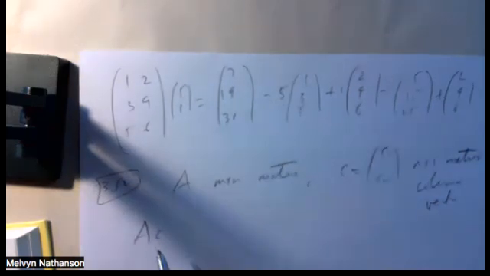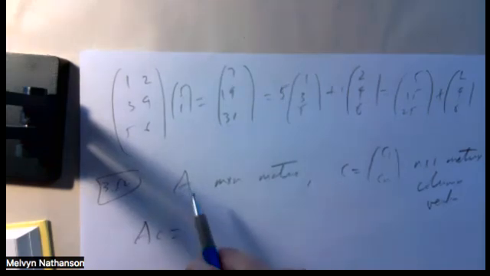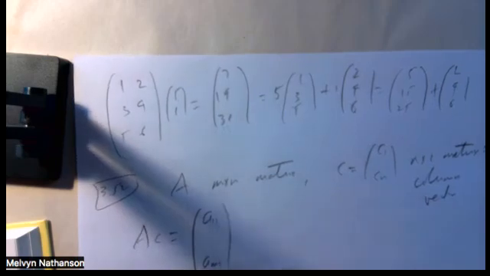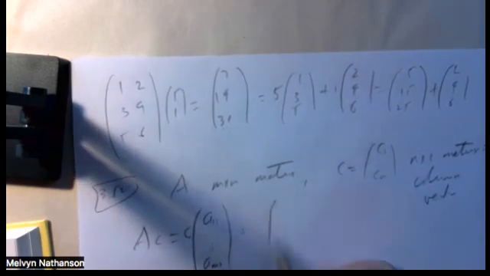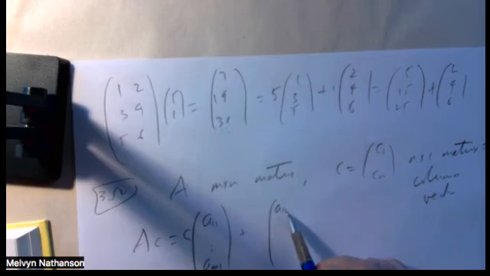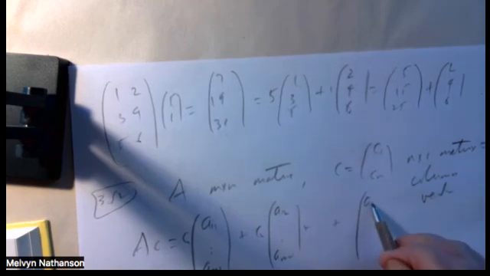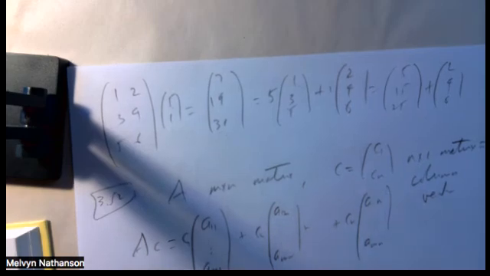The matrix A times the matrix C is, you take the first column of A, times this coordinate C1, the second column of A, times C2, up to the last column of A, times this coordinate Cn. So when you multiply a matrix times a column vector, you get this linear combination of the columns of the matrix.